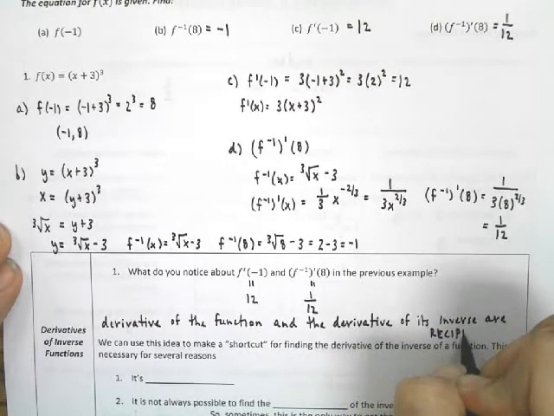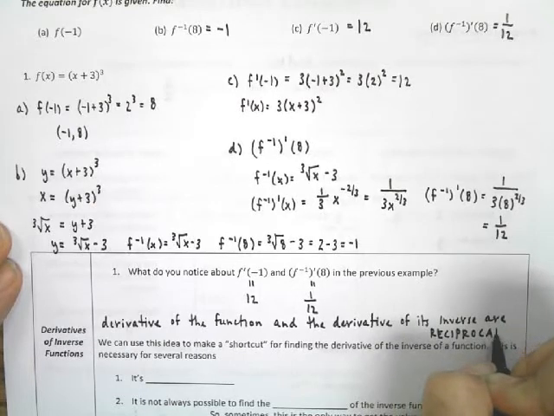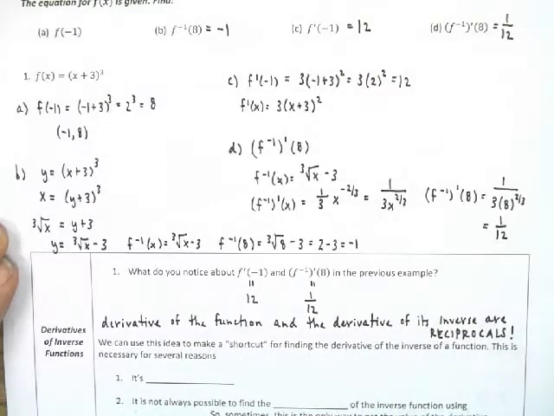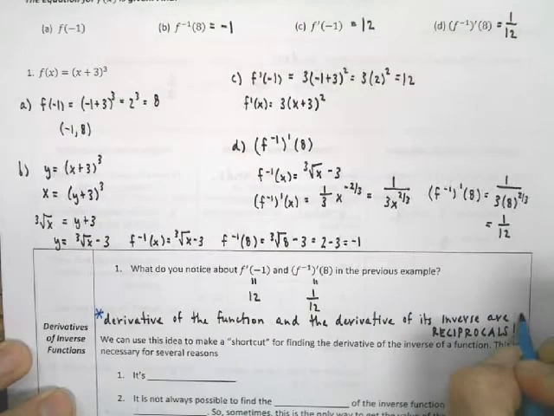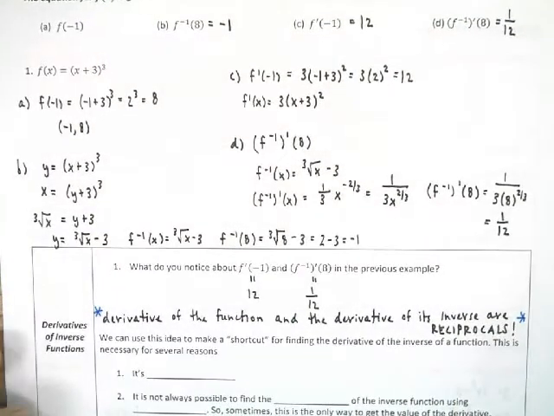They're just flipped. And this is going to be the other big piece to helping us find these derivatives of inverse functions. So if I know the derivative of a function, I know the derivative of its inverse is just the reciprocal.